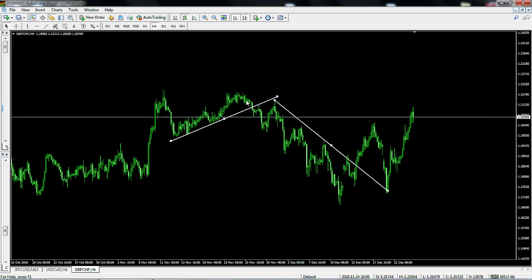Those breakouts can be identified by the breakout of a trend line or the completion of a certain pattern. So here, if we sell the breakout, or if we buy the breakout, those levels are the breakouts.